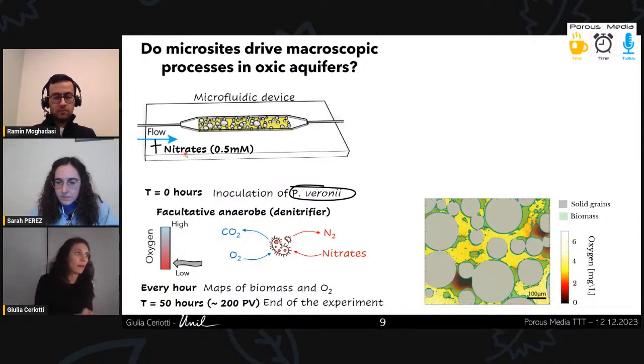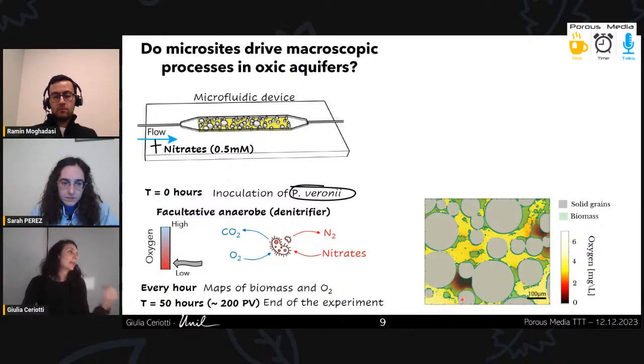Every hour I map biomass and oxygen, and you can see that the behavior is not that different from what we saw before. We have this cluster of bacteria, and when they're big enough and rounded, they can support the depletion of oxygen. The entire experiment lasted a little bit longer than before. We also set up a higher flow rate.